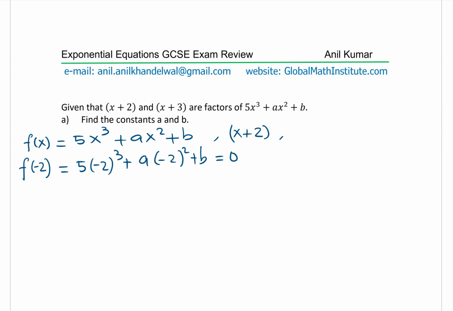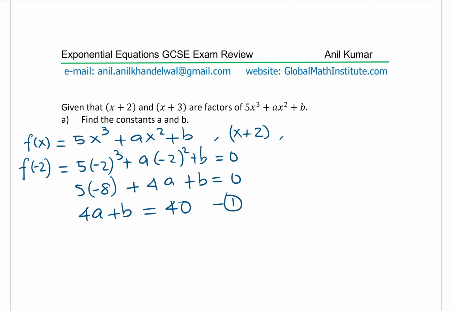So now you can solve it. Minus 2 cubed is minus 8, right? So you get 5 times minus 8, and this is plus 4a plus b equals to 0. And now you can simplify this and write 4a plus b, bringing this to the right side, is equal to 40. So we get one of our equations.